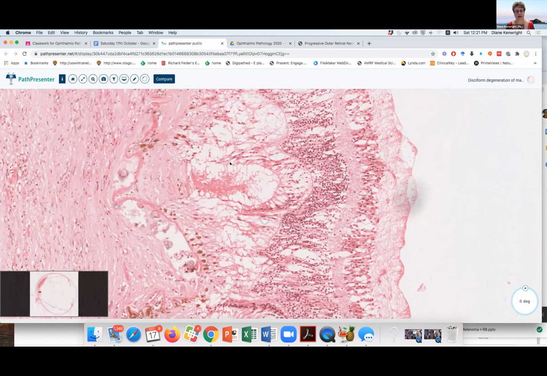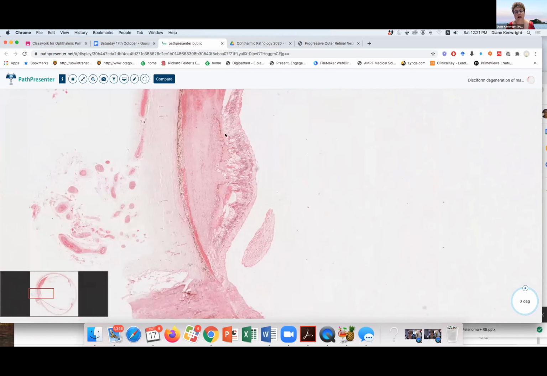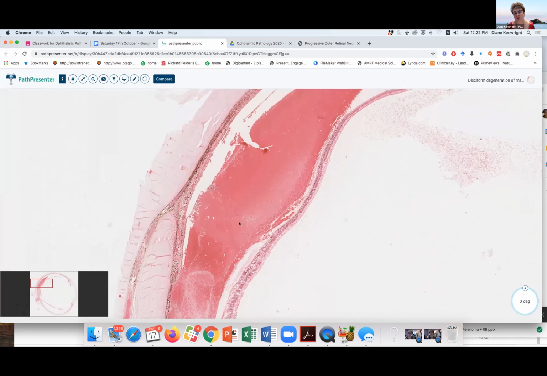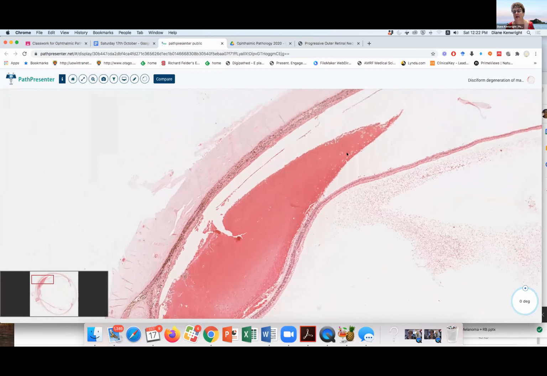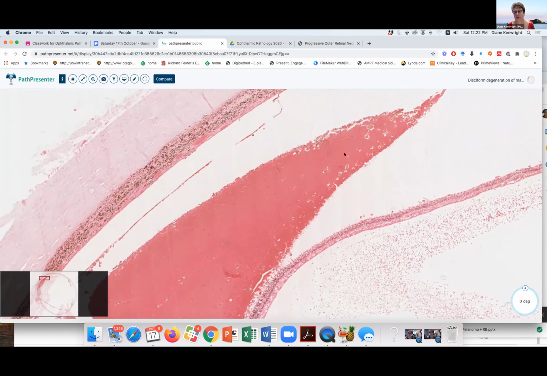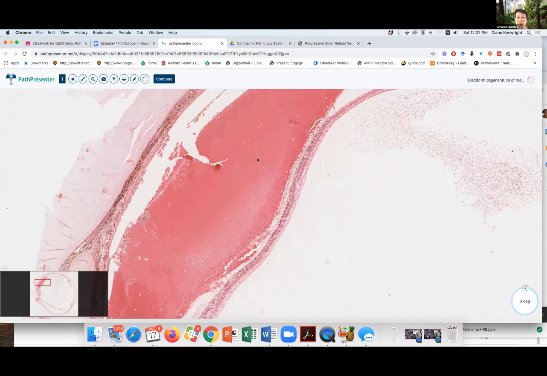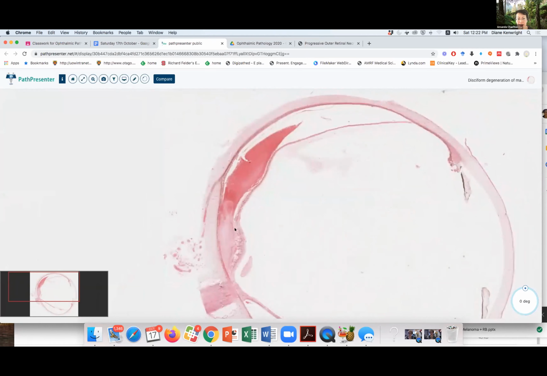Outer nuclear layer is completely disrupted. And as we move along here, we've got a large amount of hemorrhage, which is lying underneath the retina. How can we tell the difference between hemorrhage and exudate? So hemorrhage has got red cells in and is bright red, and exudate is smooth and pink.